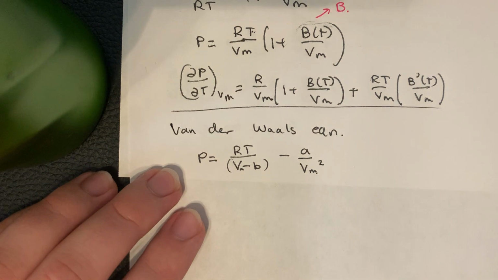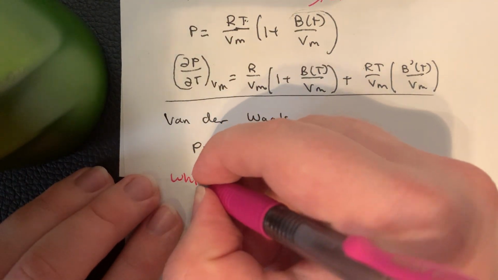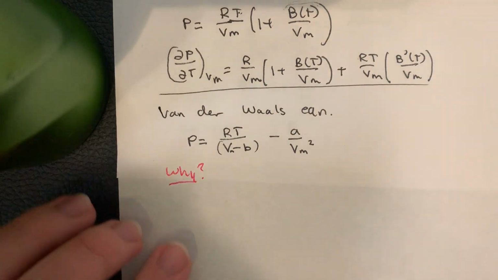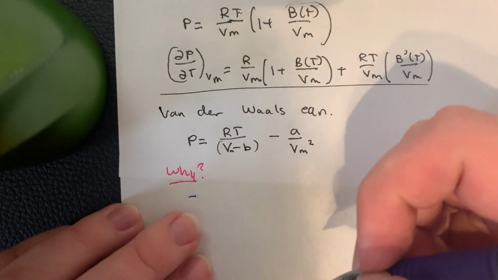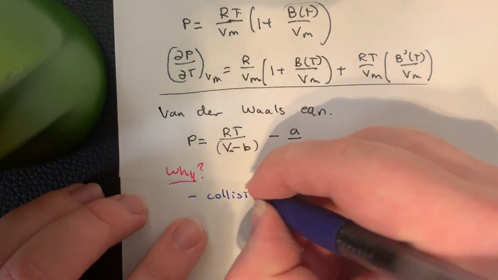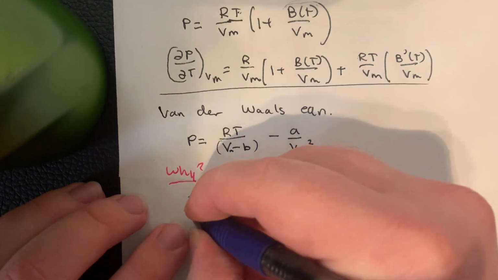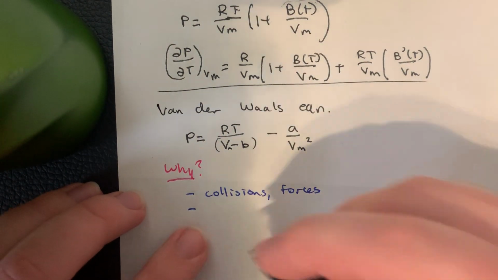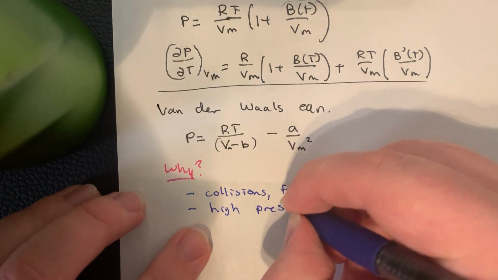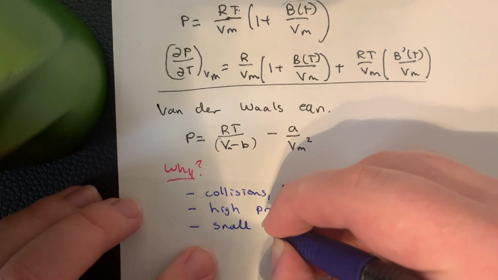So the reason why this came about, well, the ideal gases, we needed something to account for collisions and forces. We have the high pressure scenario, small volume.